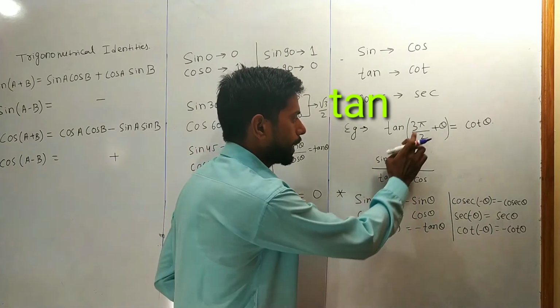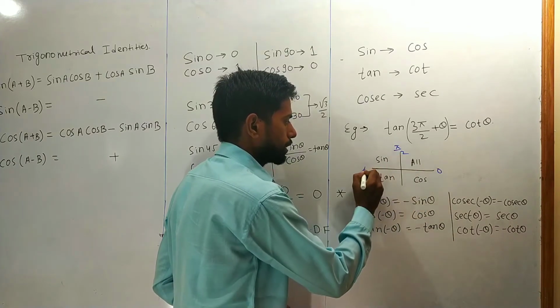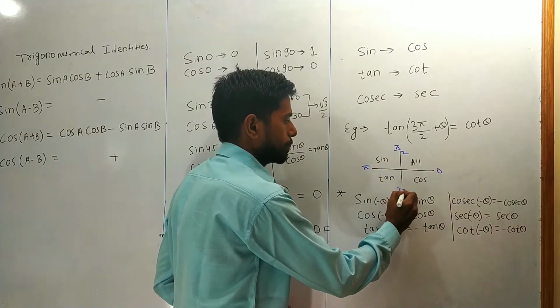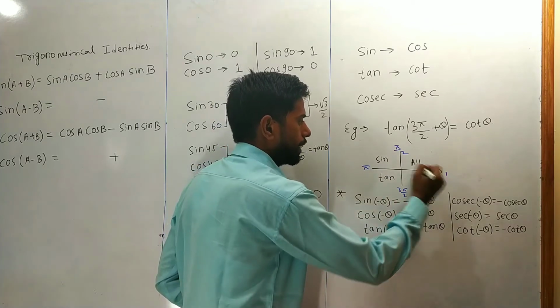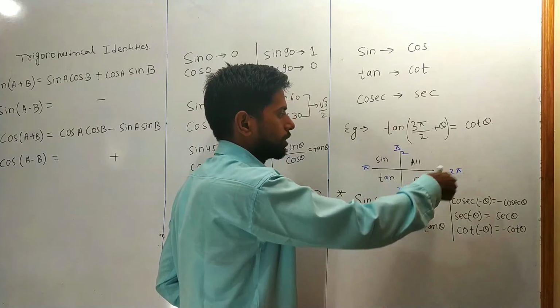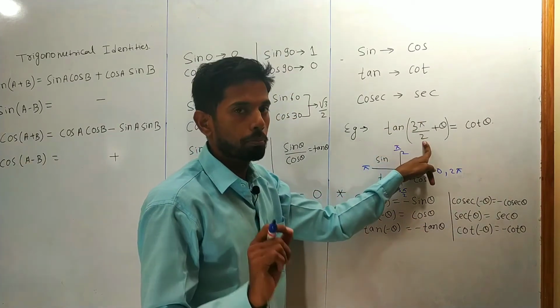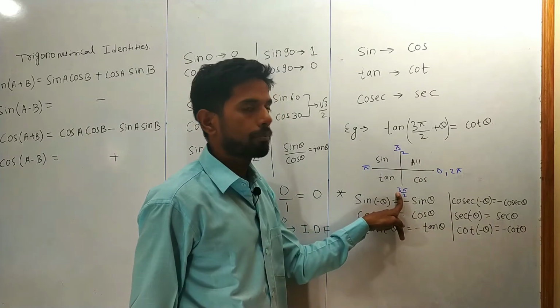I told you that this is 0, this is pi by 2, this is pi, and this is 3 pi by 2, and after completing it will become 2 pi, 360 degree. So 3 pi by 2 means 270 degree.